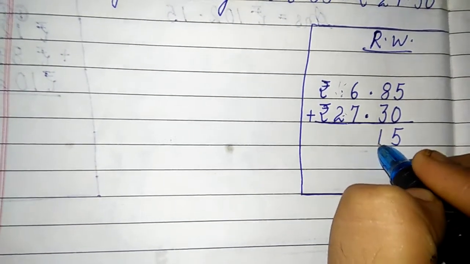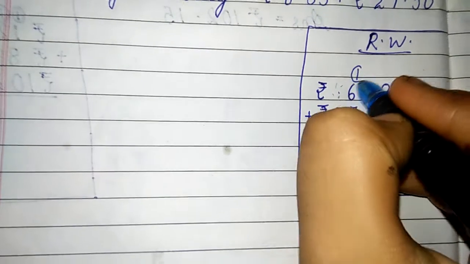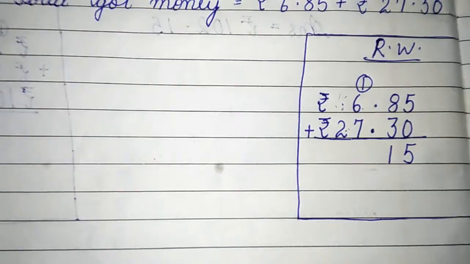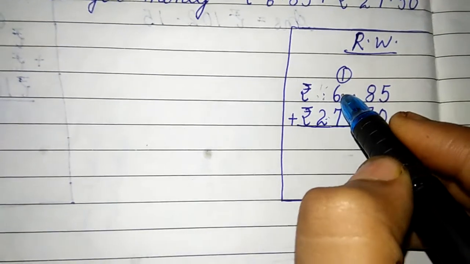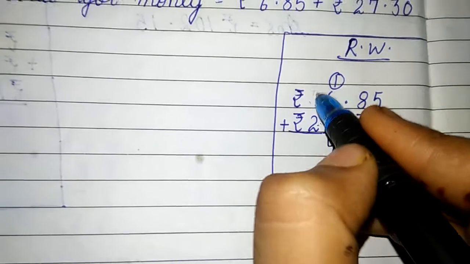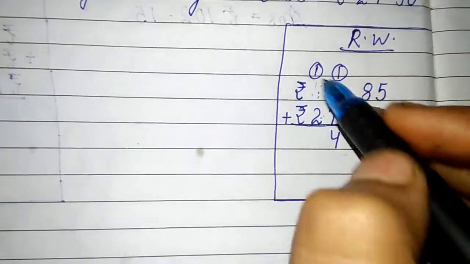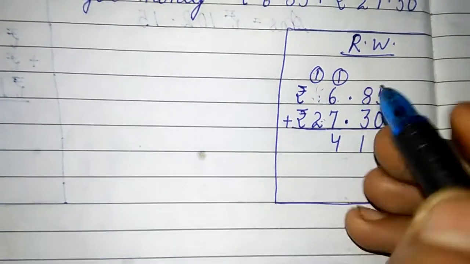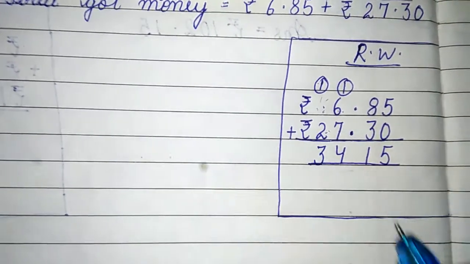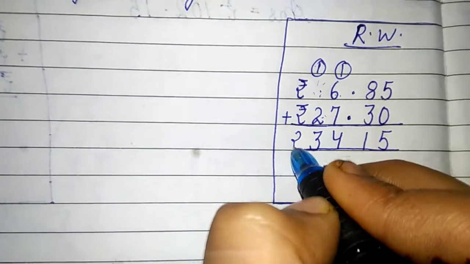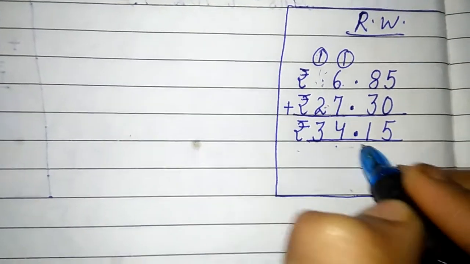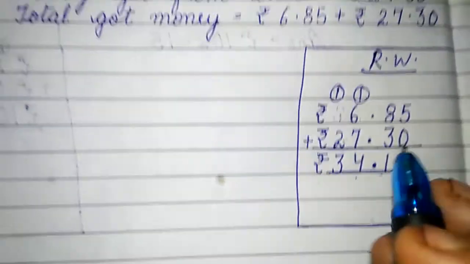We'll write here 1 and put 1 carry here. 1 plus 6 is 7. 7 plus 7 is 14. Write here 4, 1 carry. 1 plus 2 is 3. Write here rupees 34.15.